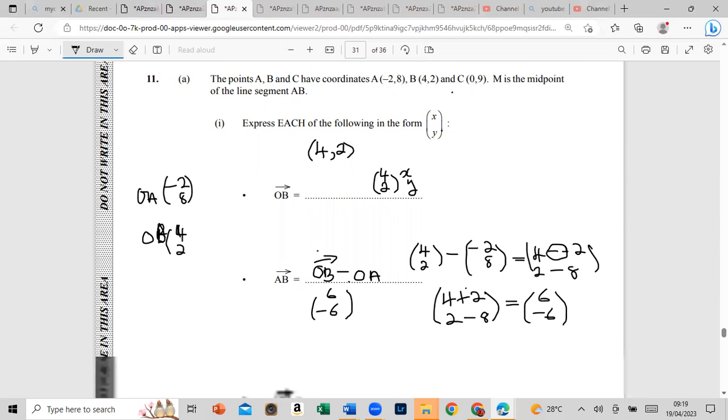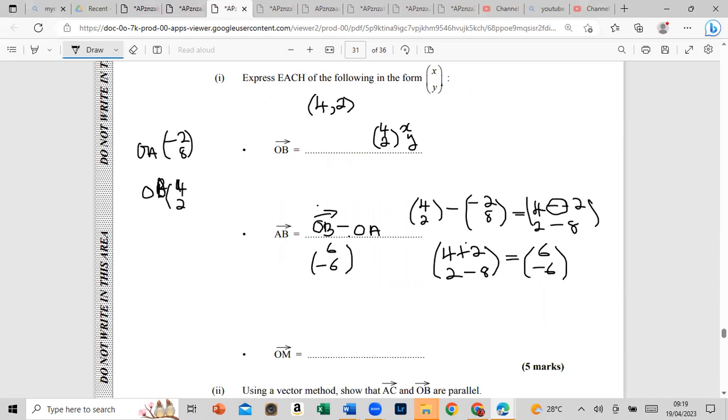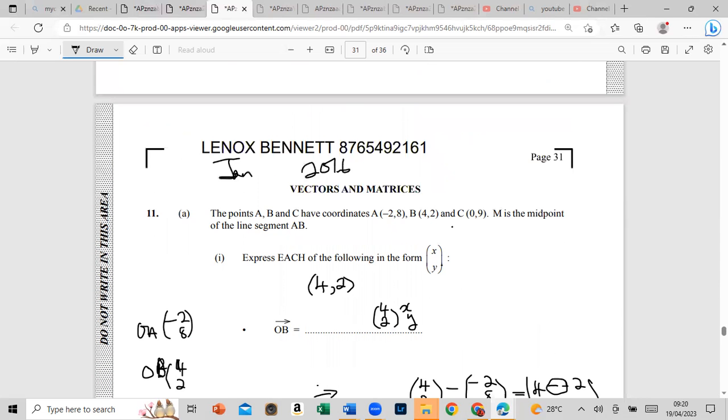Alright, let's see what else they asked us for. So they asked for OM, from O to M. They say M is the midpoint of AB.